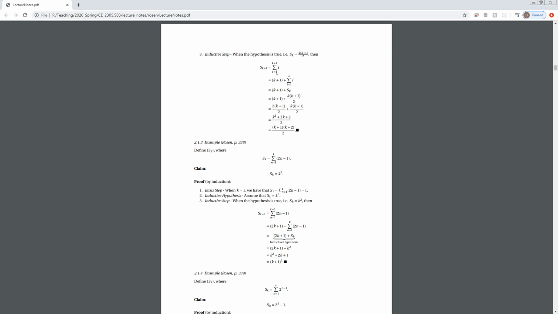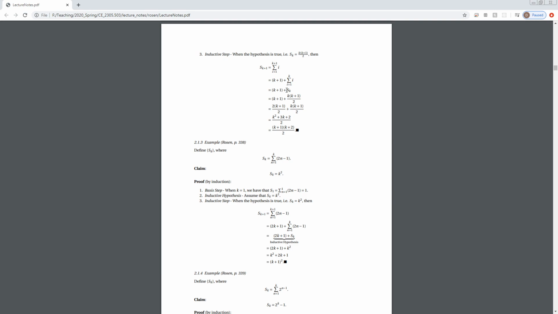So it now runs from 1 to k plus 1, and then we separate it. This sum is 1 plus 2 plus and so on up to k plus 1. We pull out that last term, and we reduce it to our new information plus the previous information.